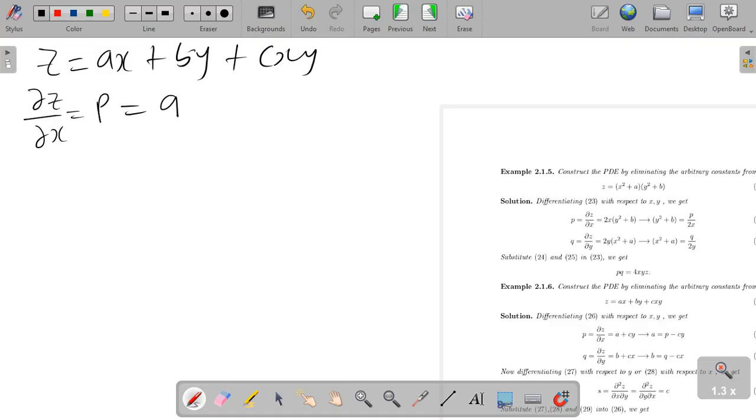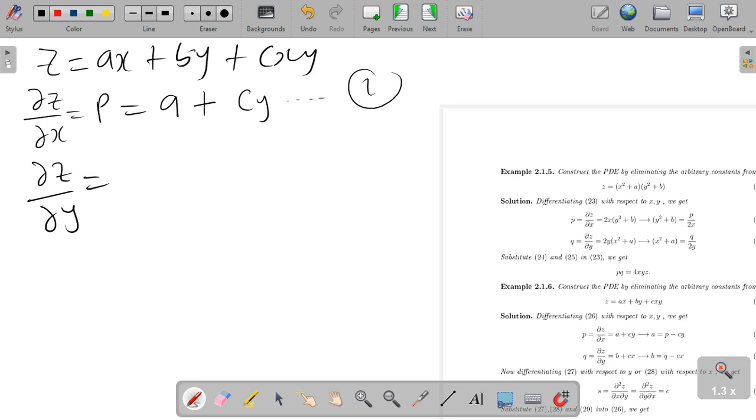Differentiate here with respect to x, I'm going to have cy, so I call it equation 1. Okay, so the next one is partial z over partial y, so this is 0. This will give you b plus cx, equation 2.